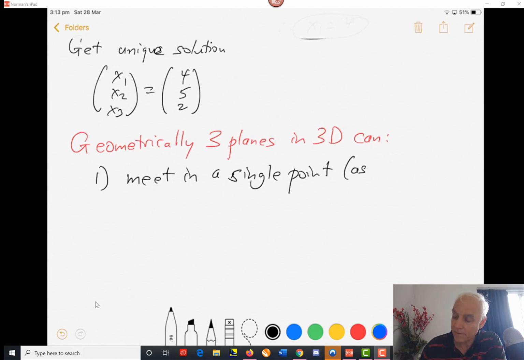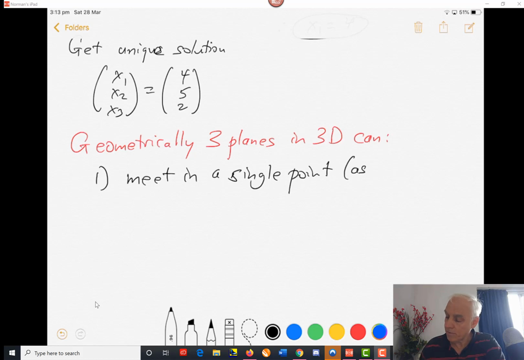Or they can meet in a line. Okay, maybe something like this. There's one, and there's another plane, and they meet in this line right here. That's the line of intersection. And then there's a third plane, maybe like this, which also meets in that red line. So that red line is the meet of these three planes.